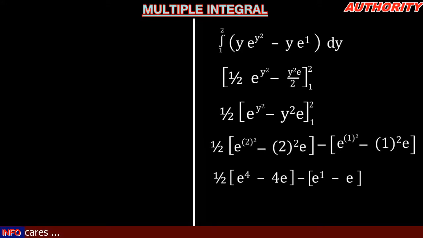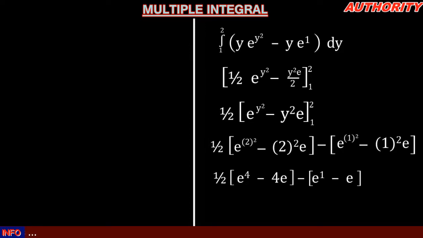Here we have e raised to power 1 minus 1 squared is 1 times e, which is e. The second bracket gives us e raised to power 1 minus e. And then e raised to power 1 is the same as e. Then e minus e is what? 0. So we have the first bracket remaining. So here we have 1 all over 2, open bracket, e raised to power 4 minus 4e.